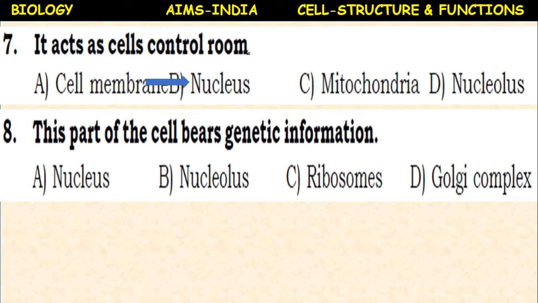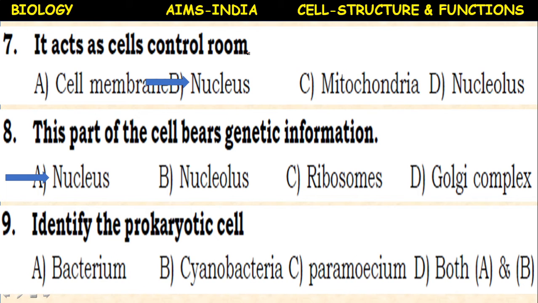The genetic information in the cell is present in which of the following organelles? Nucleus, nucleolus, ribosomes, Golgi complex. So it is the nucleus which contains the chromatin material in the form of thread-like structures, that is nothing but genes, which contain DNA, genetic information.